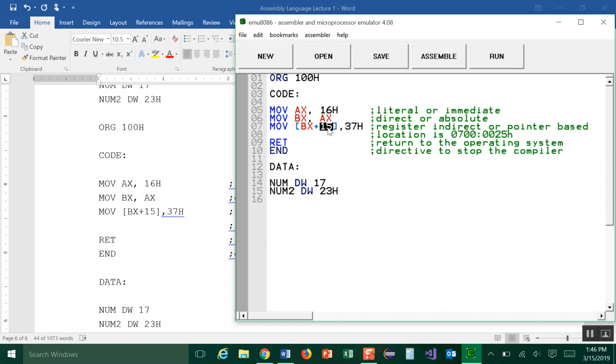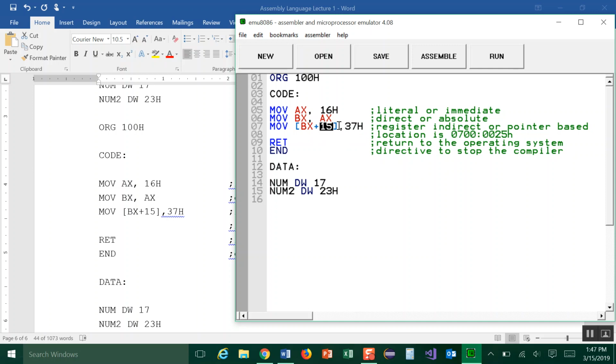15 is F, right? And so we are adding them together. That gives you an address, which is 25H. That's the address. We are moving 37H into the address 25H. So that is called register indirect.